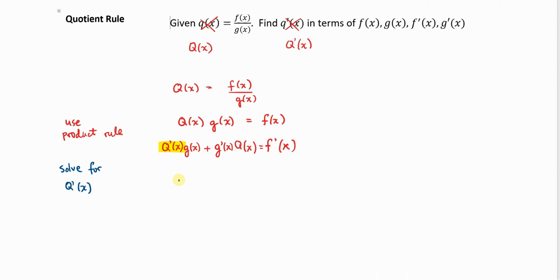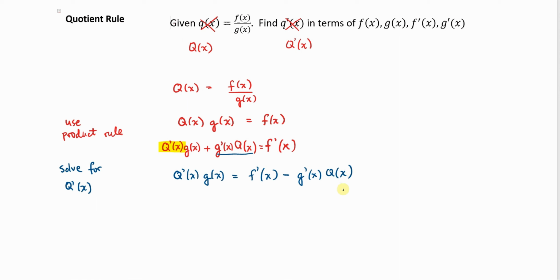Alright, so to do that, let's go slow. Let's not rush things too much. So q prime times g is equal to f prime of x minus this part right here, minus g prime times q of x. Okay.